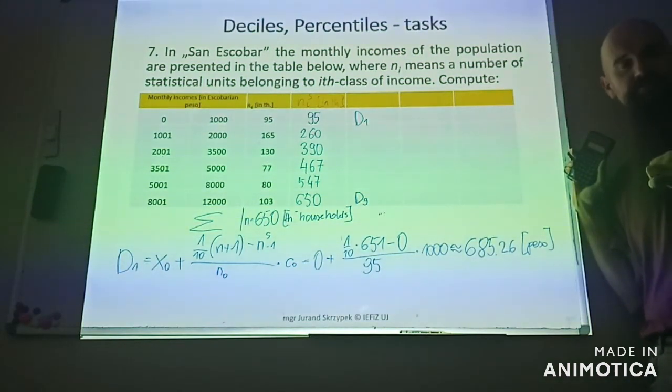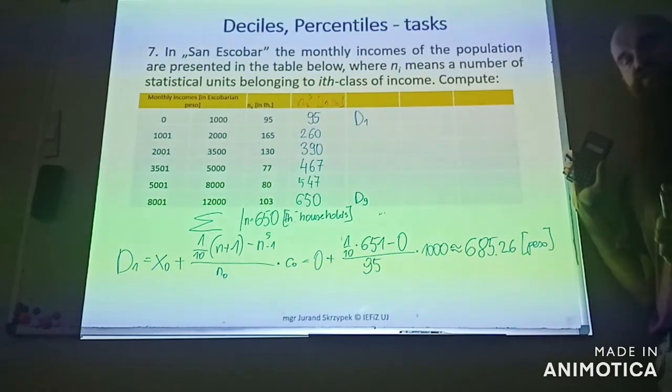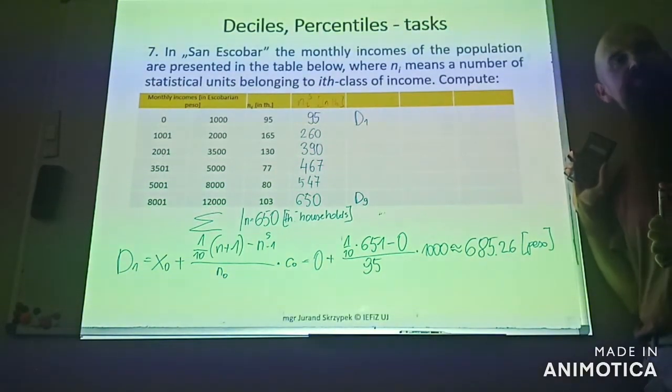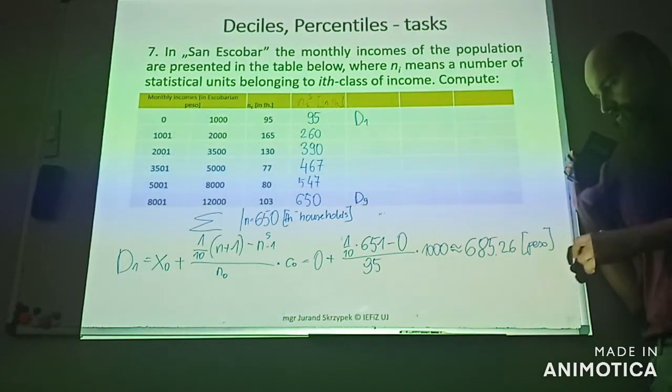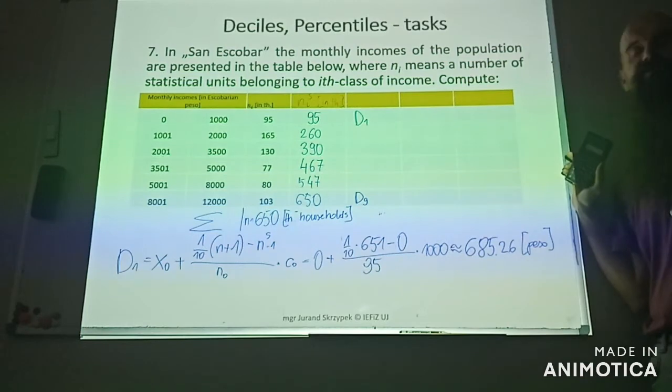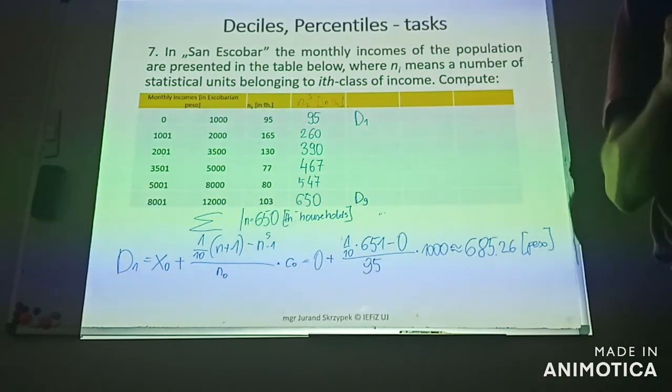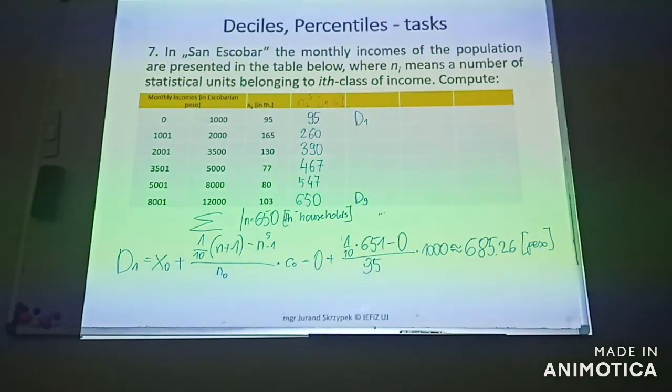This is the interpretation. Please write it down. So 10% of households are characterized by a monthly income not greater than 685.26 pesos.